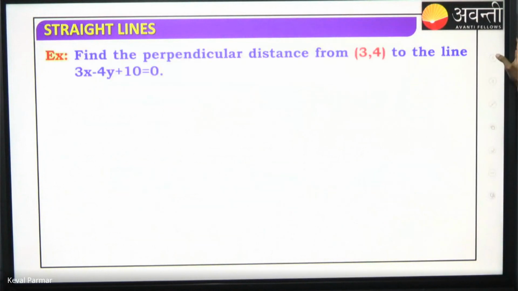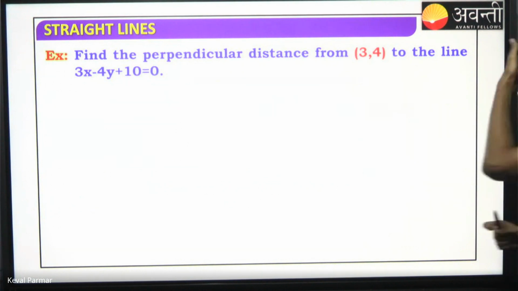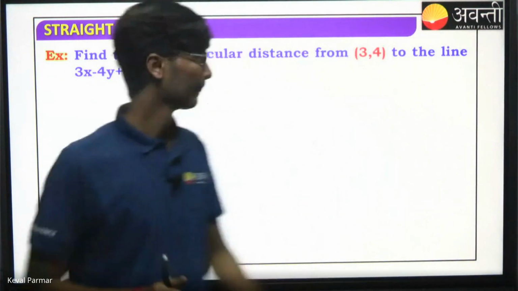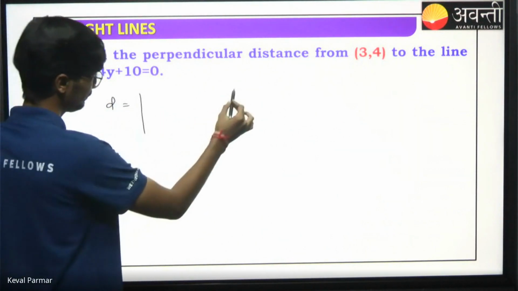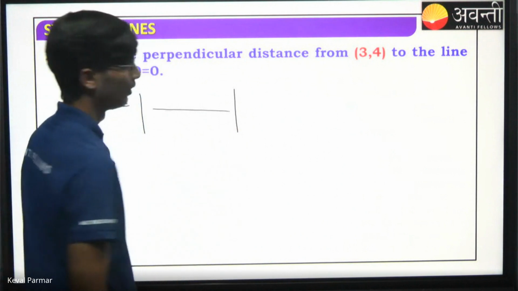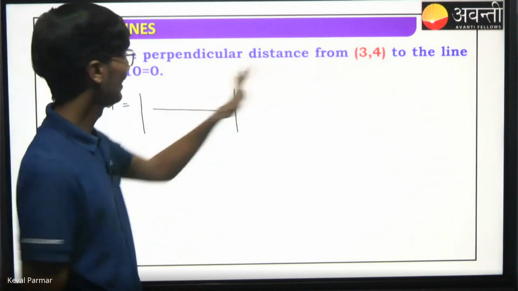Now let's see some examples to just make sure that we know how to use the formula correctly. So here the distance will be, first we have modulus. What we do is we substitute the point in the equation.